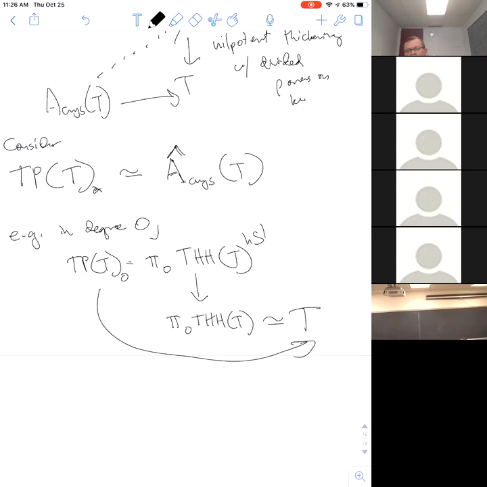You have some ring which is some sort of pro-nilpotent thickening of T. TP_0 of T is, by formal reasons, a pro-nilpotent thickening of T. And what you have to do is show that it's got divided powers on the kernel, and also that it's complete for this filtration.